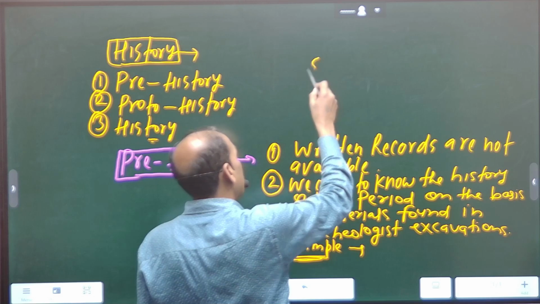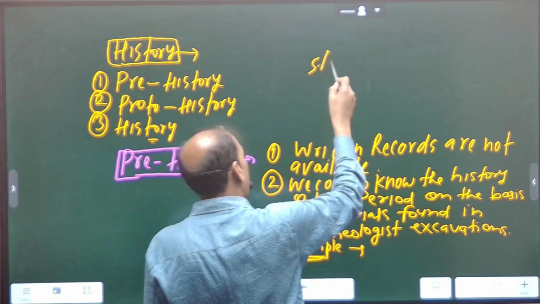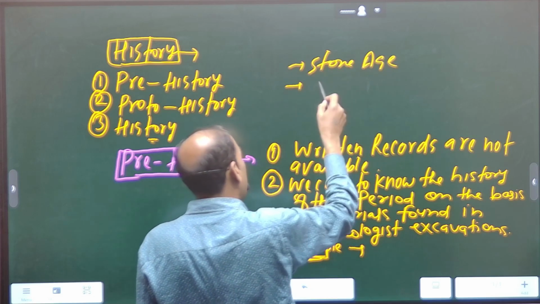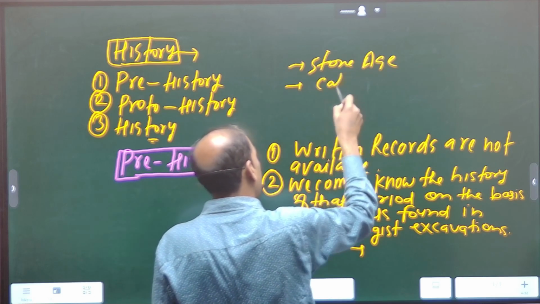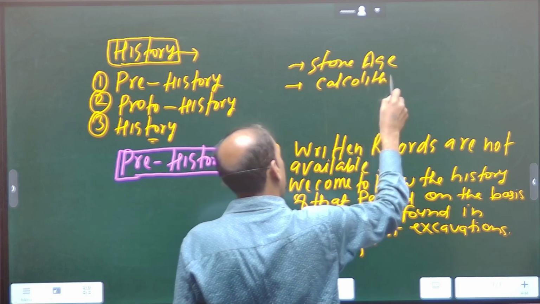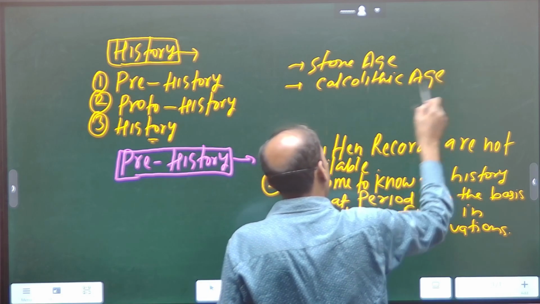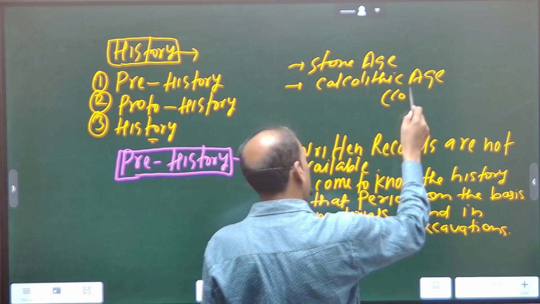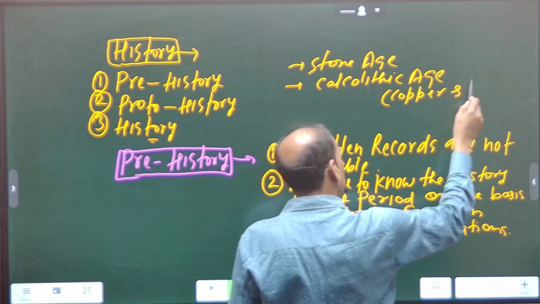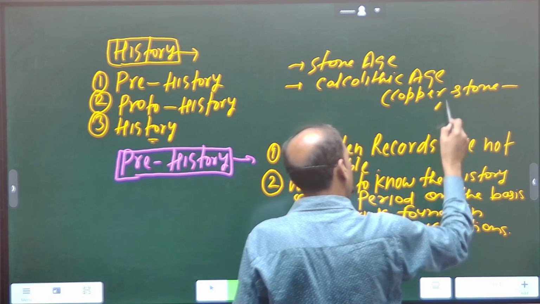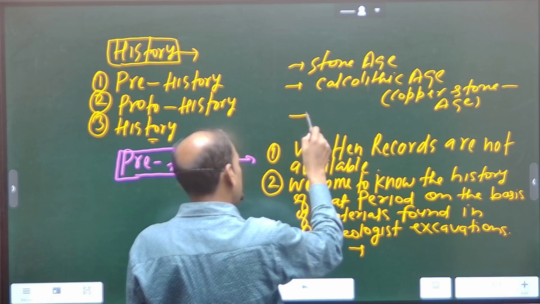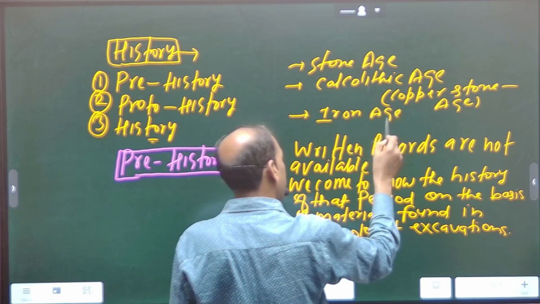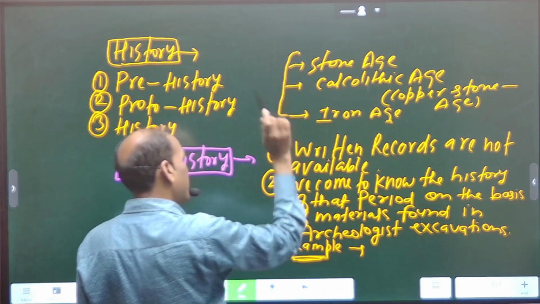The second period is Chalcolithic Age. This Chalcolithic Age is also called Copper Stone Age. And the third period is Iron Age.